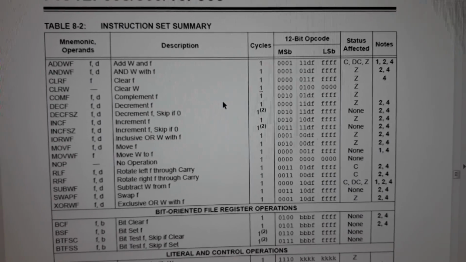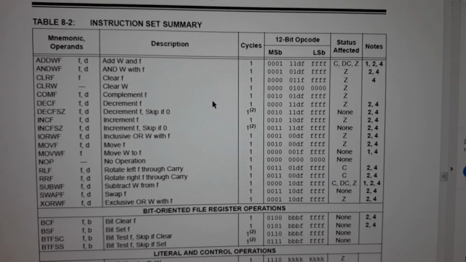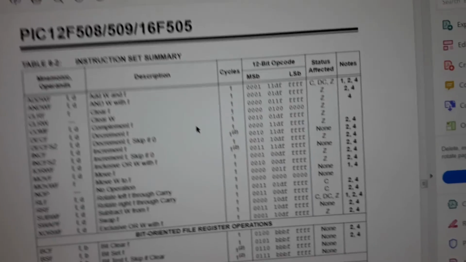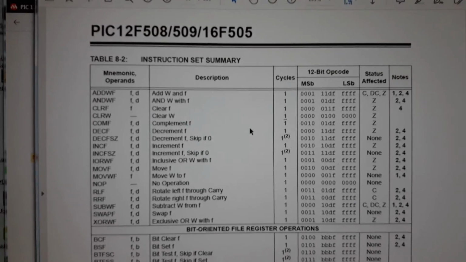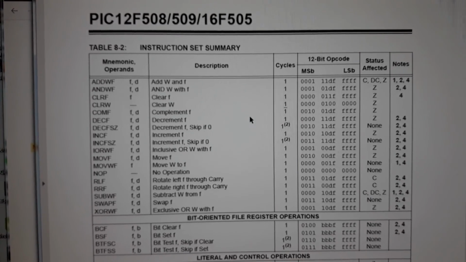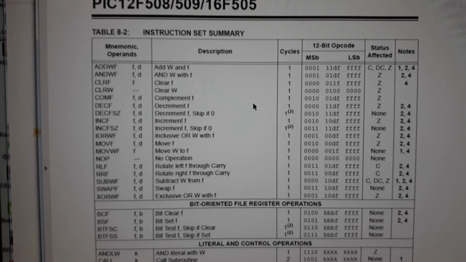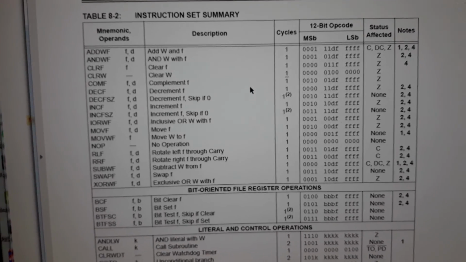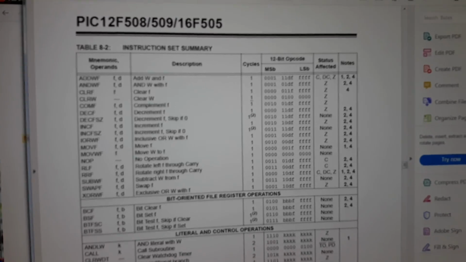I cannot find it right now, it will take too much time, but it is mentioned multiple times in the datasheet that this instruction or cycle is made out of 4 oscillations. And pretty much that's it. This is what I forgot to mention last time.